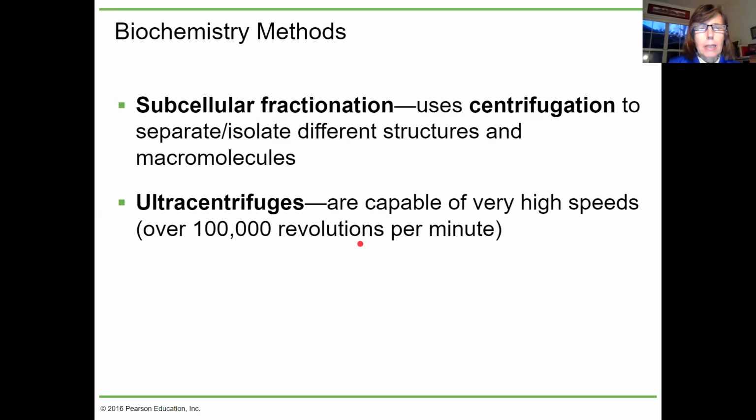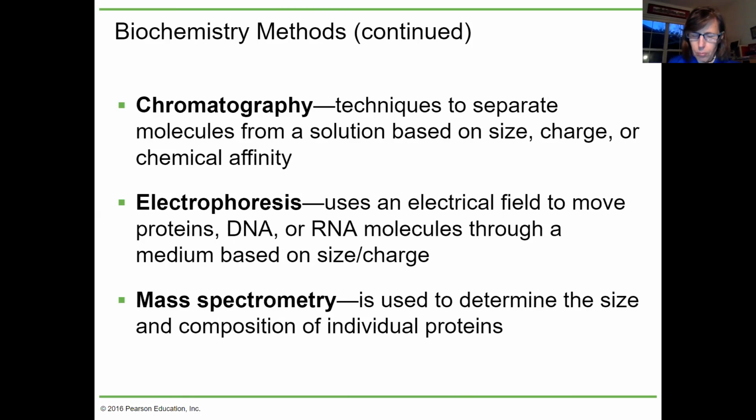If you want to go another step and isolate really tiny things, like certain molecules, ultracentrifuges are available, and they can both preparatively and analytically fractionate your samples containing small molecules.